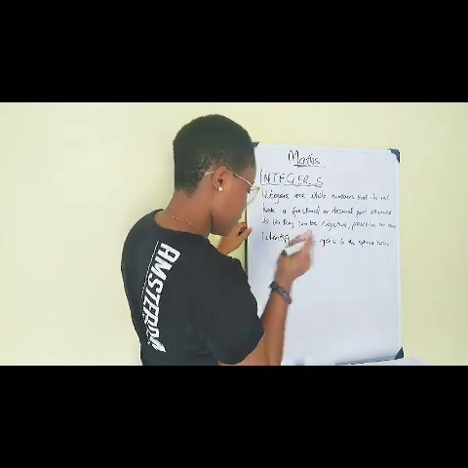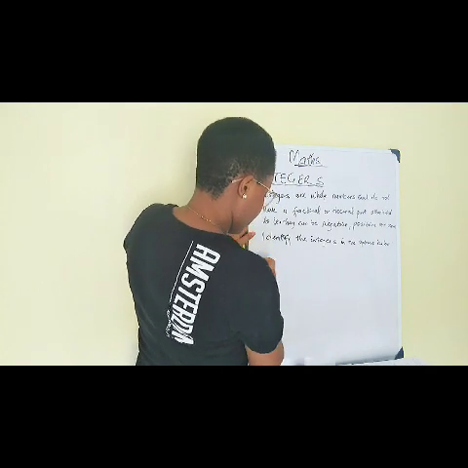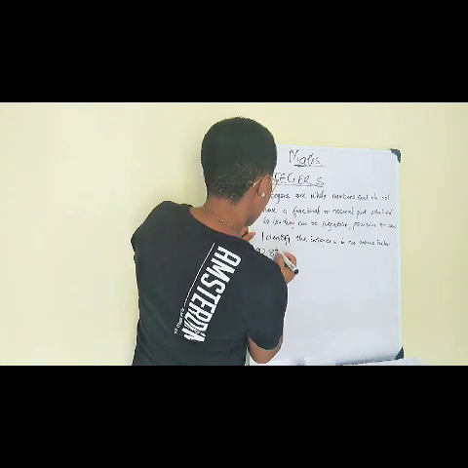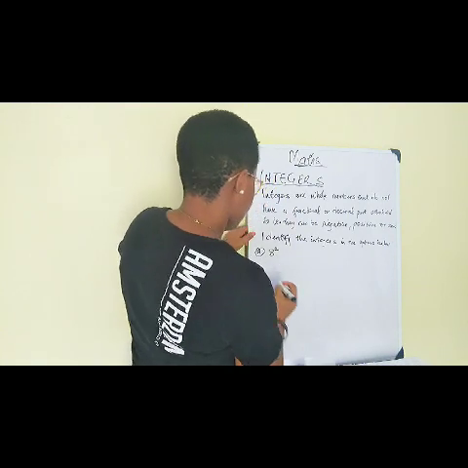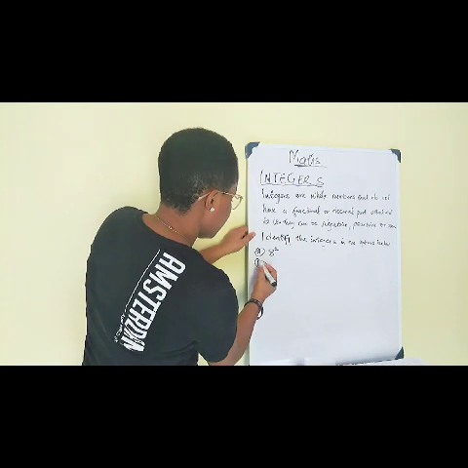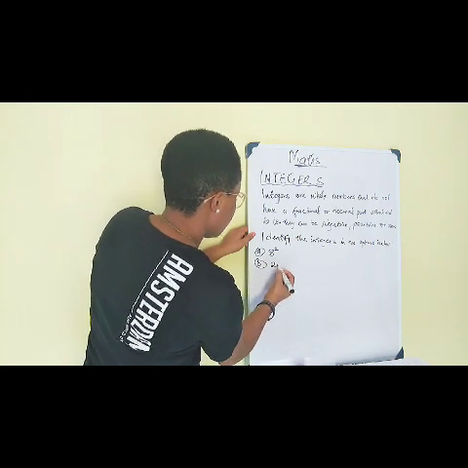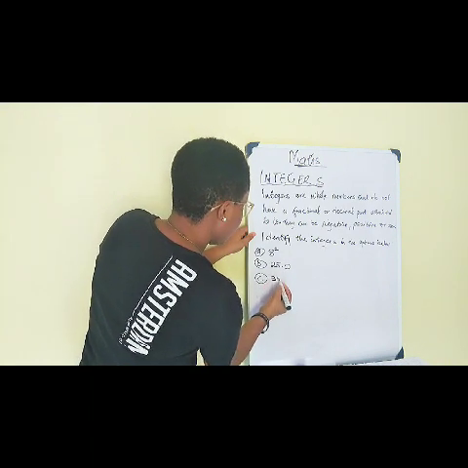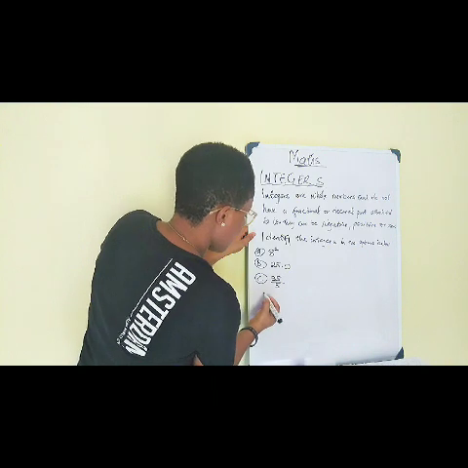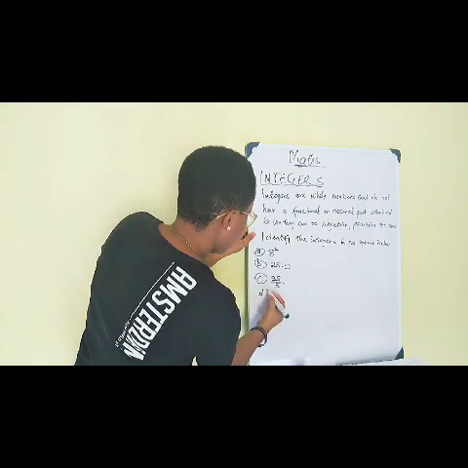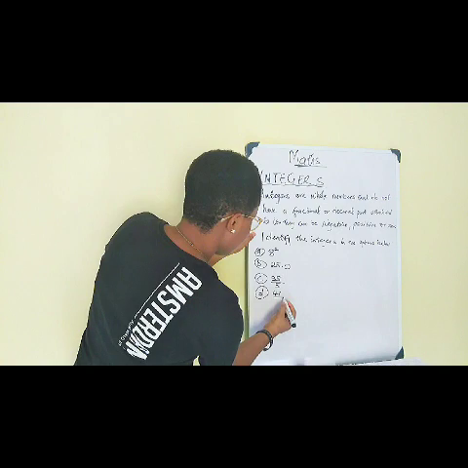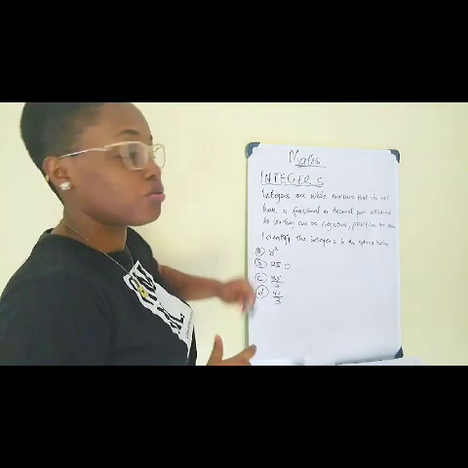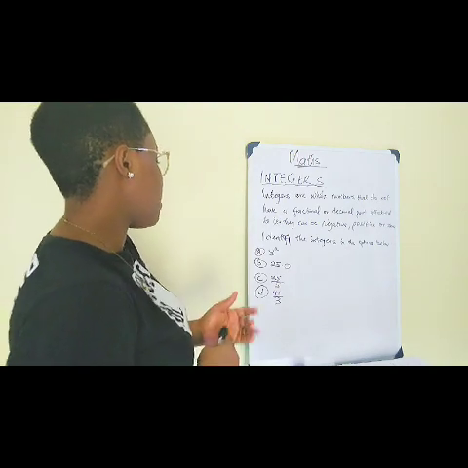Option A is 8 squared, B is 25.0, C is 35 over 5, and D is 41 over 3. So guys, go ahead and pause the video and try to solve this exercise.